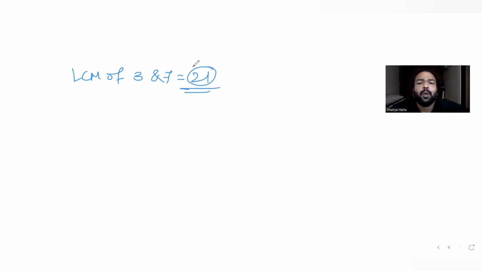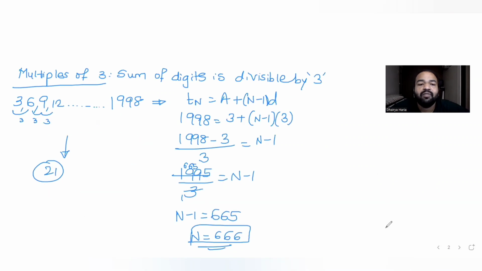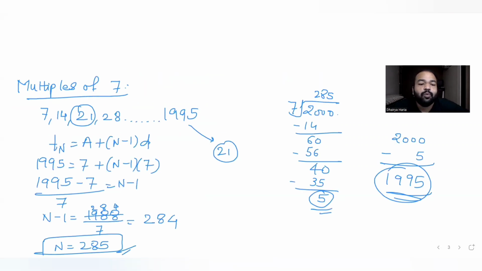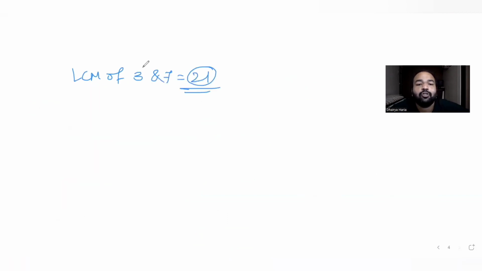So all such multiples of 21 will be counted two times if we add the multiples of 7 and 3. When we add the multiples of 3 and 7, these multiples of 21 would be counted two times, but we should count them only once, right?